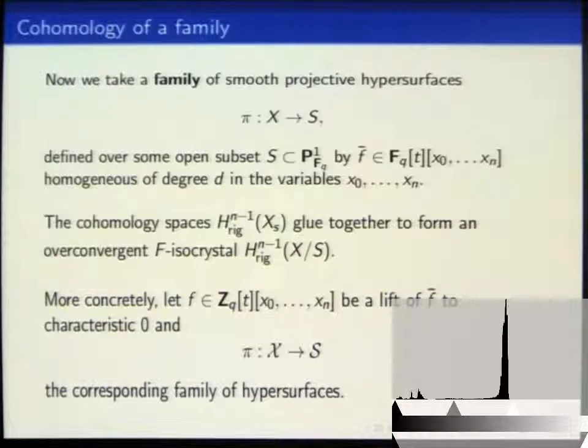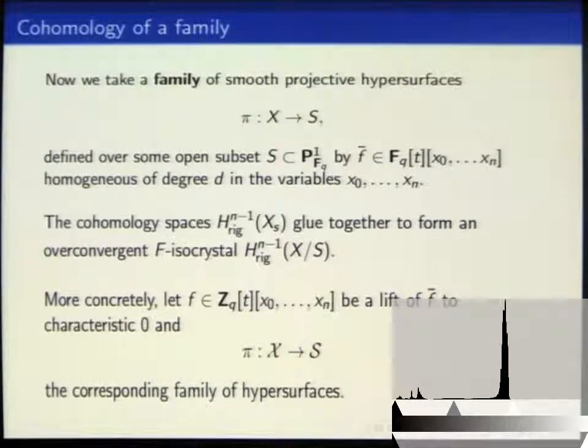I'm going to explain what this means in this case, but in general it means there's a connection matrix on it, so it's sort of like a vector bundle. There's a connection matrix on it, and a Frobenius structure, and the connection and the Frobenius commute. So this map F is horizontal for the connection.